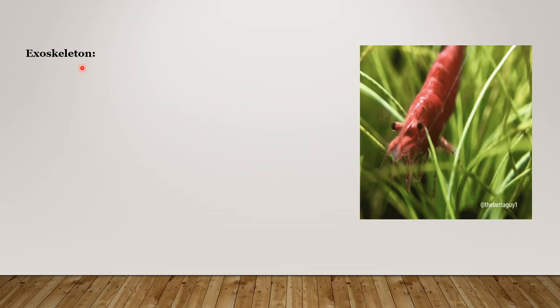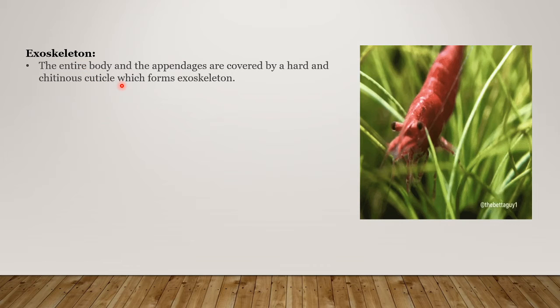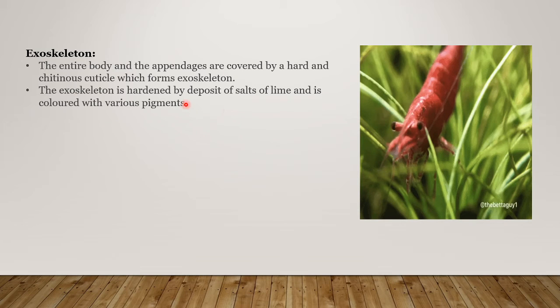Exoskeleton. The entire body, as we all know, of prawn is covered by a thick exoskeleton which is made up of chitin, or it is a cuticle which forms the exoskeleton in prawn. Exoskeleton is hardened by deposits of salt of lime and is colored with various pigments.